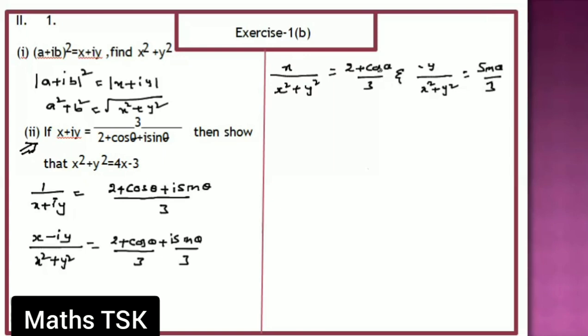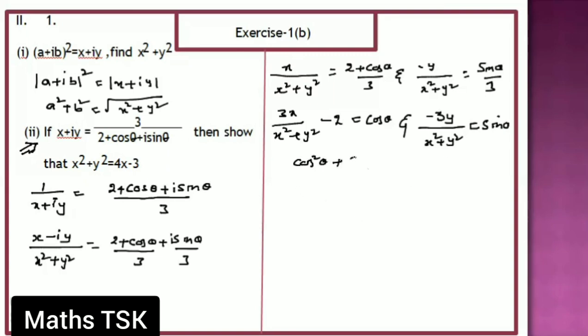Okay, so what is cos theta here? 3x by x square plus y square minus 2 is equal to cos theta, and minus 3y by x square plus y square is equal to sin theta. Okay, so we know that cos square theta plus sin square theta is equal to 1. So square this, (a minus b) whole square.